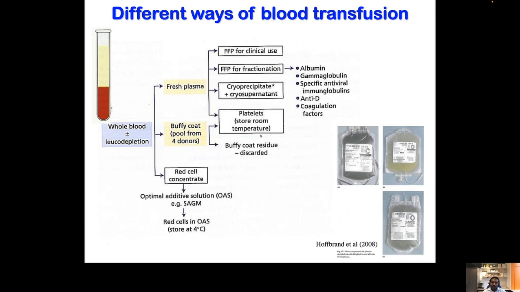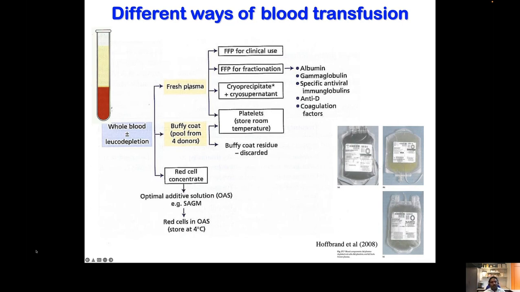For example, we can take just the plasma. That's a liquid component of the blood, just the plasma, and then transfuse to some individuals who need only plasma, for example, clotting factors. So in these cases, in hospitals, mostly they will use fresh frozen plasma.